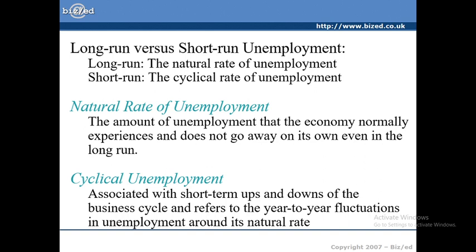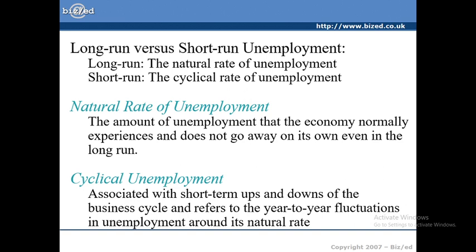In any economy there will be some percentage of people who are unemployed, and that unemployment is known as the natural rate of unemployment. What is cyclical unemployment? It is associated with the short-term ups and downs of the business cycle and refers to the year-to-year fluctuations in unemployment around this natural rate.